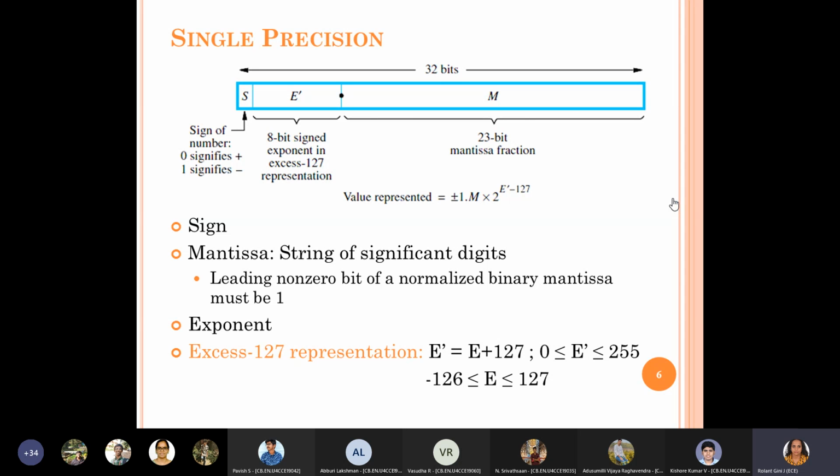Monish Kumar. Monish, are you there or not?